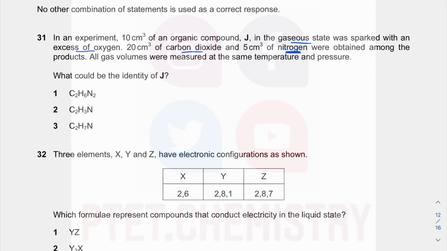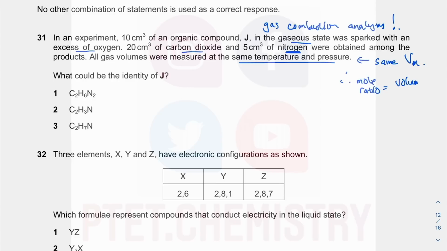These are gases, so we are doing gas combustion analysis. Because they all measure the same temperature and pressure, they will have the same molar volume. Therefore, mole ratio is equal to volume ratio.